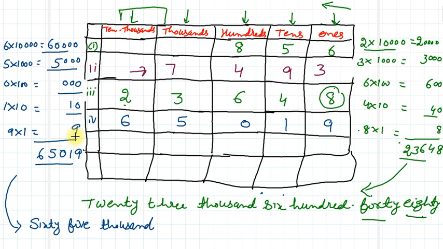So this has become 65,019. Right? So due to this 0 we have to add this.